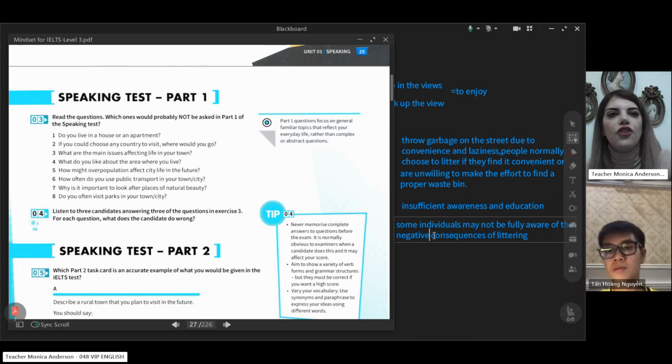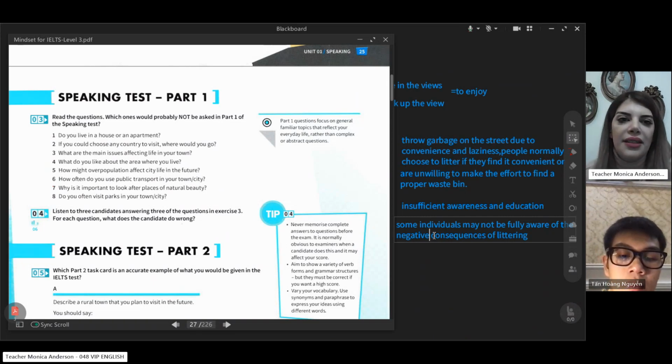When you litter, of course, there are negative aspects and consequences. So they're not aware of the negative consequences, and because of this, they throw garbage on the street. Yeah.